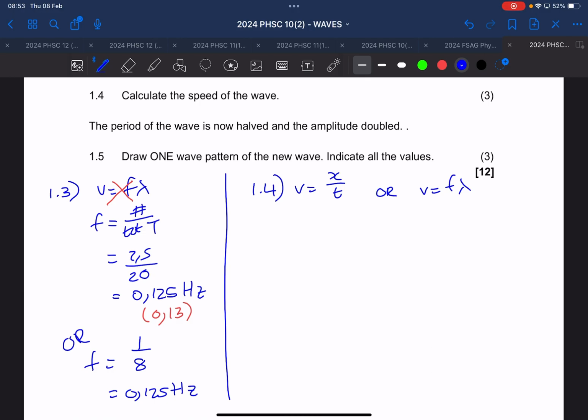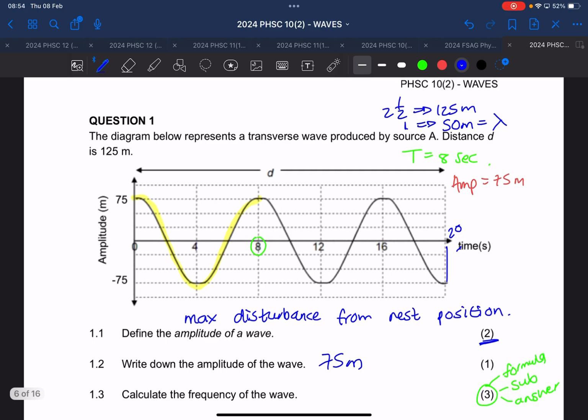The second one. Okay, so the frequency, we just calculated that to be 0.125, and the wavelength is? 8. Wavelength 8. 8 is seconds, time in seconds. Now that is how many waves there are, but that's not the wavelength. 50 meters. Wavelength is in meters. Wavelength cannot be seconds.